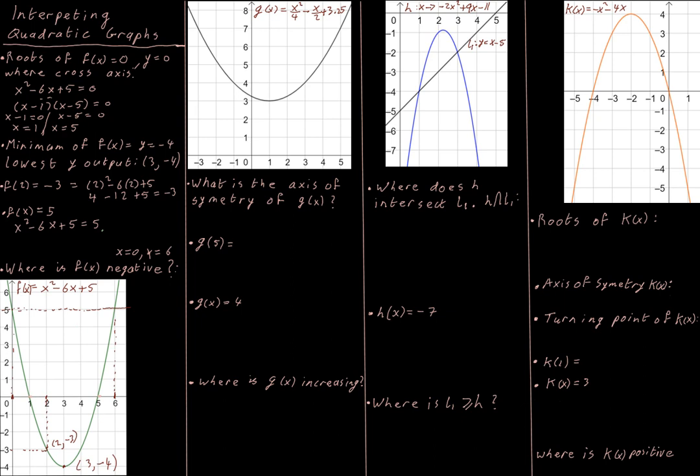Now to do this algebraically, we would just try and solve this quadratic. So we know for solving quadratics, we want everything equal to 0. So we'd subtract 5 from both sides, and we'd end up with x squared minus 6x is equal to 0. We have a common factor of x, and we solve. And by solving the algebraic form, we get the exact same answers. x is 0, x is 6.